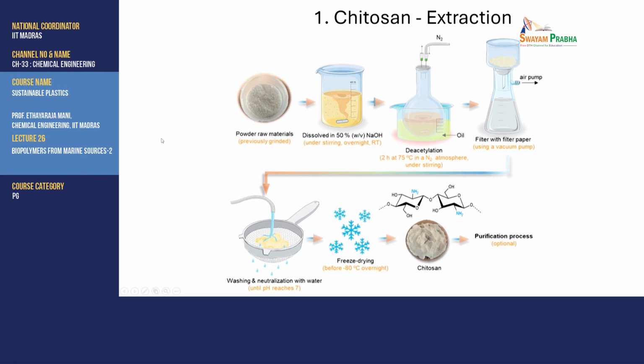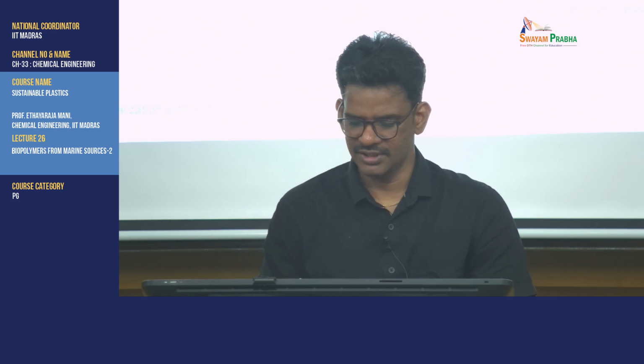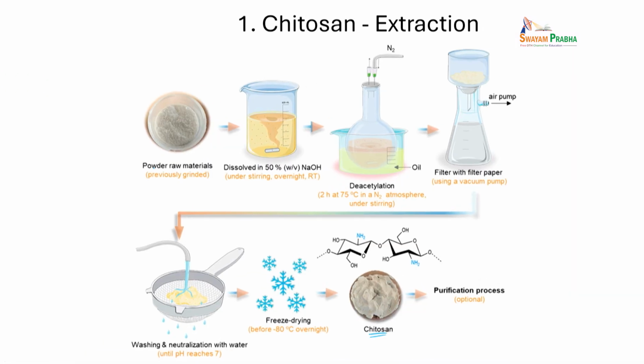Now there are other, newer methods that directly take the raw material into chitosan without going through two steps. Instead of getting first chitin and then chitosan, you can also directly get chitosan in a modified extraction process. So again, you start with the powdered or ground raw material.